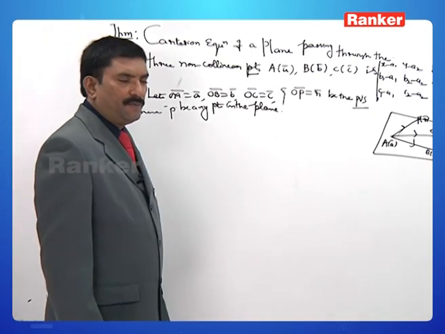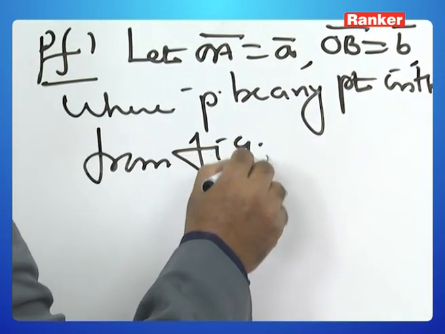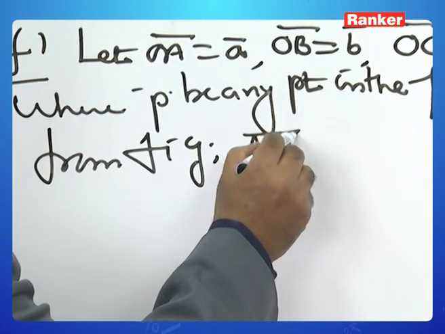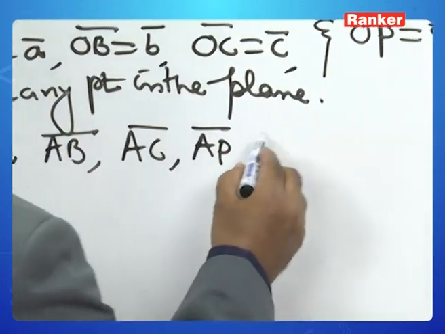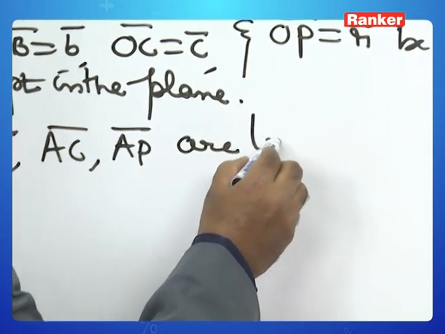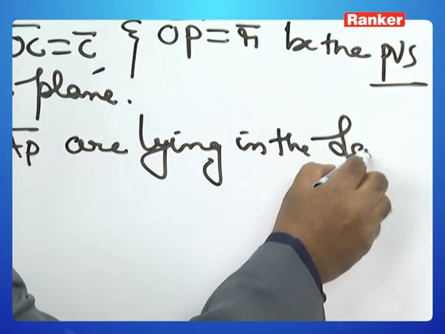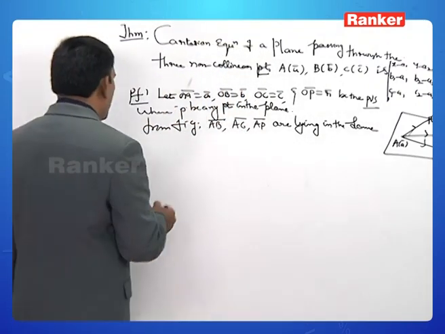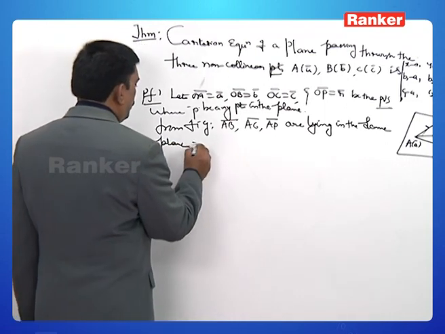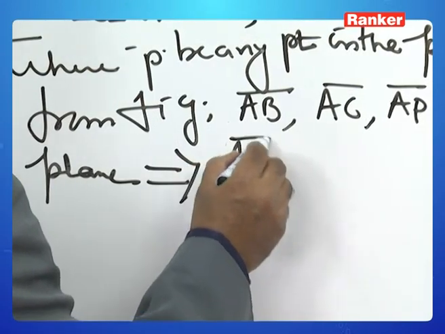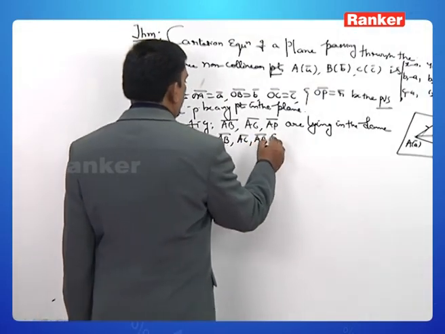Now when you have 4 position vectors, from the figure, AB bar, AC bar, AP bar are lying in the same plane, which implies they are coplanar.